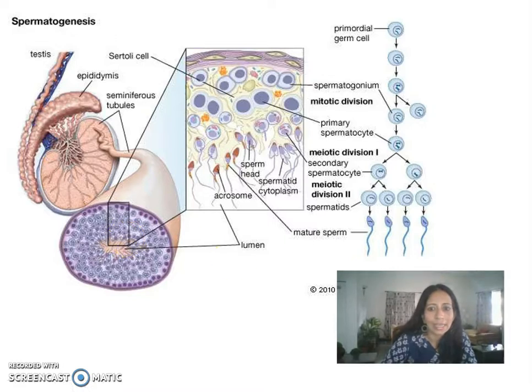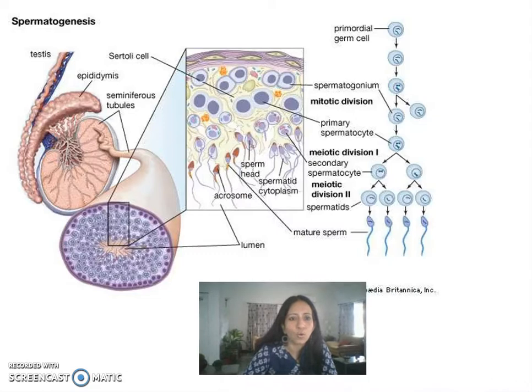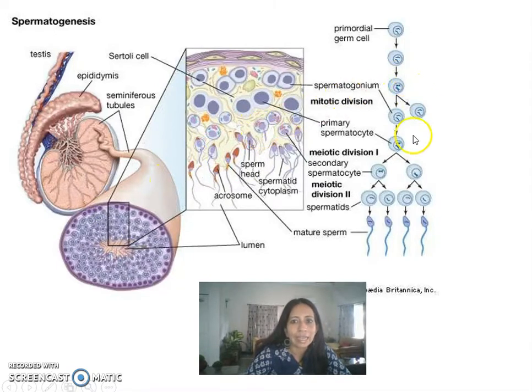One shows the testis in transverse section. Another is the enlarged section of a seminiferous tubule. And this diagram depicts how sperms are formed. I'll be taking up these diagrams one by one to help you understand this process of spermatogenesis.